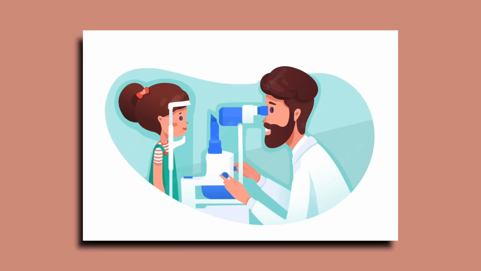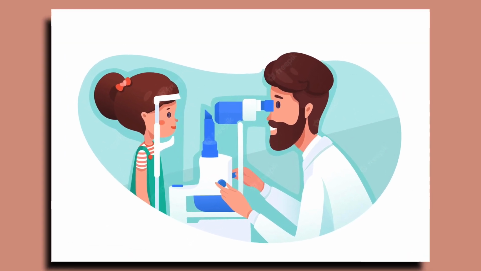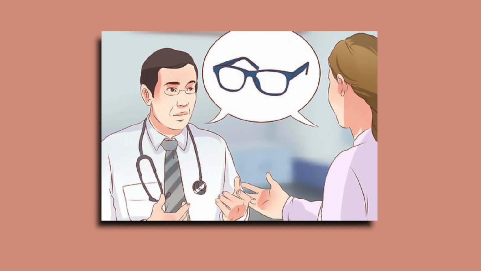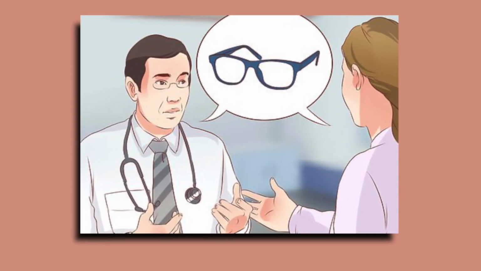Trouble focusing when reading or looking at a computer. Some people may not notice the symptoms and could have refractive errors without any symptoms. That is why it is important to get an eye examination regularly so the eye doctor can make sure you are seeing as clearly as possible.